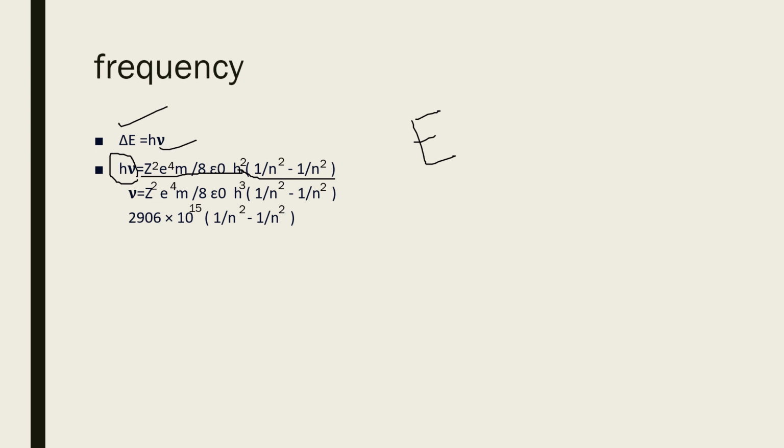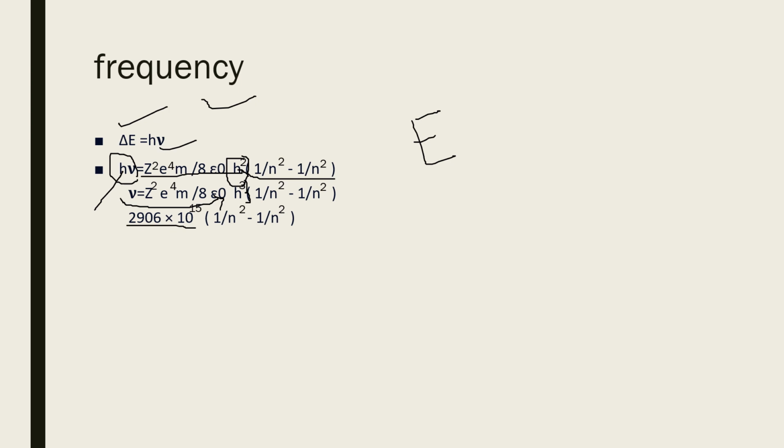By equating it, we know that this is the Planck constant and here we also have the Planck constant. So we take the Planck constant to that side. By multiplying or dividing all the constants, we have the value 2.906 times 10 raised to power 15. When we get any problem where we have to find the frequency with respect to energy, we just apply this formula.